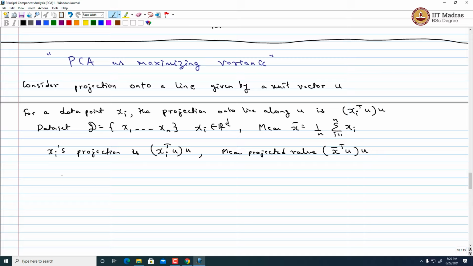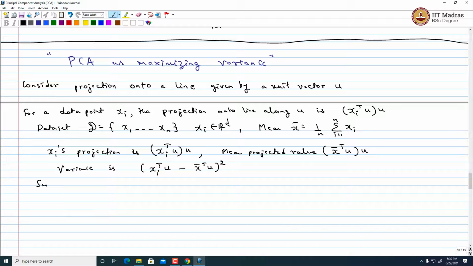Now given this, the variance is given by how much this point goes away from the mean. This is the variance.